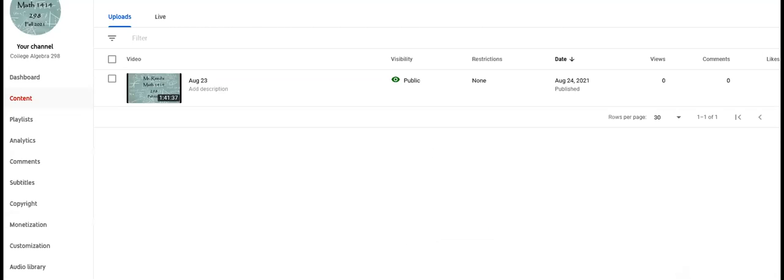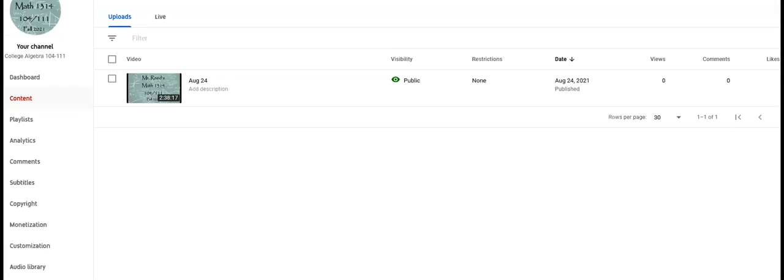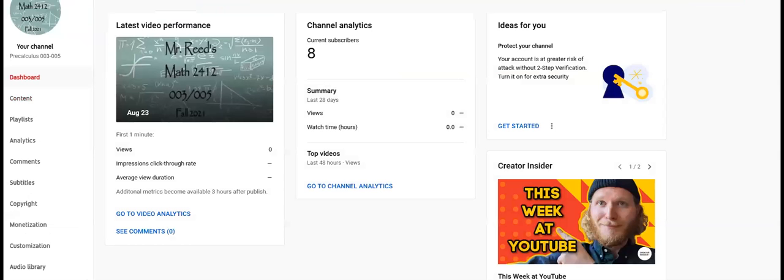Wrong section. I'm having a hard time finding it.